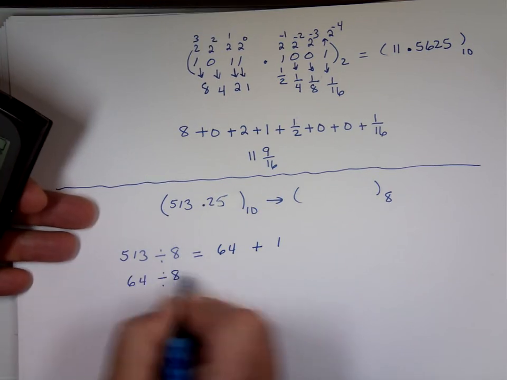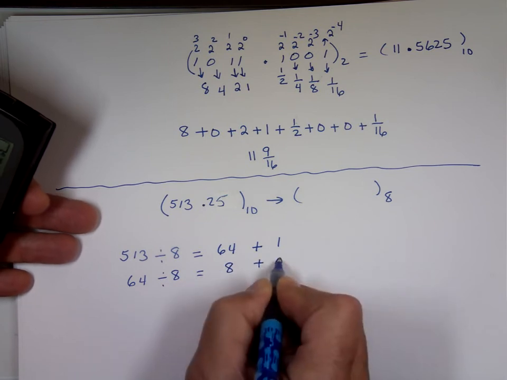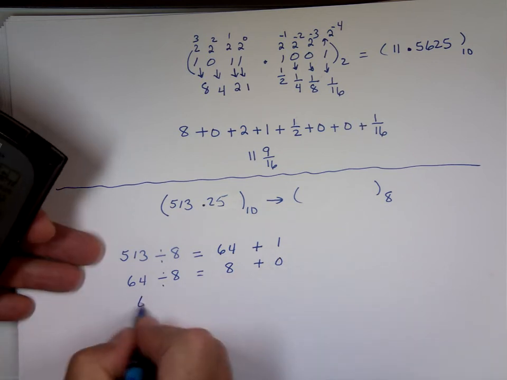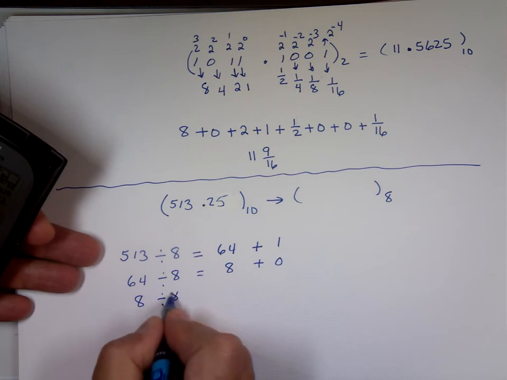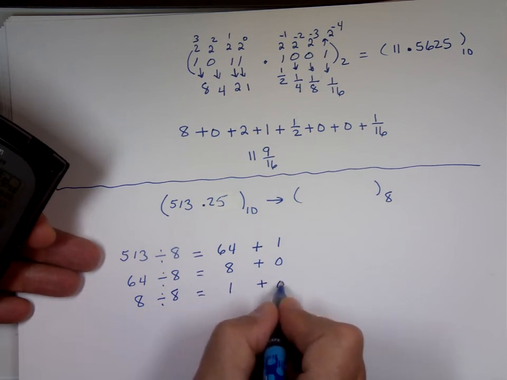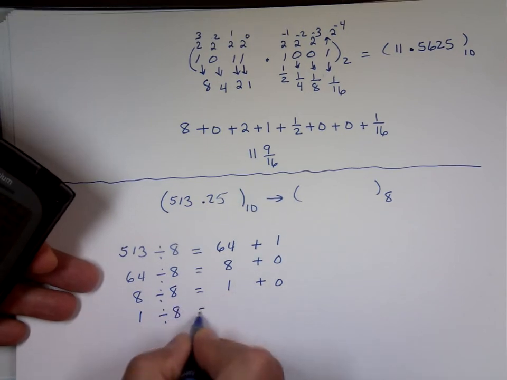It's 8 plus what? 0. 8 divided by 8. 1 plus 0. 1 divided by 8. It's 0 plus 1.